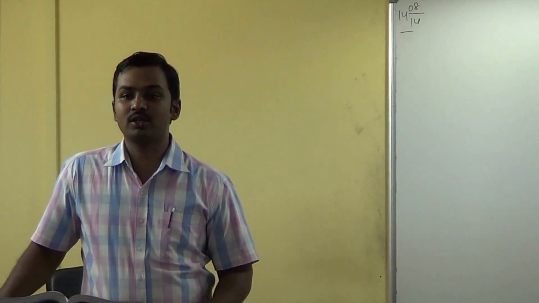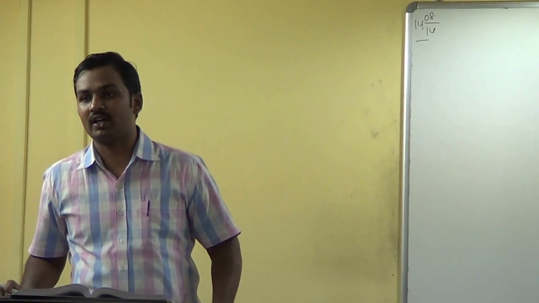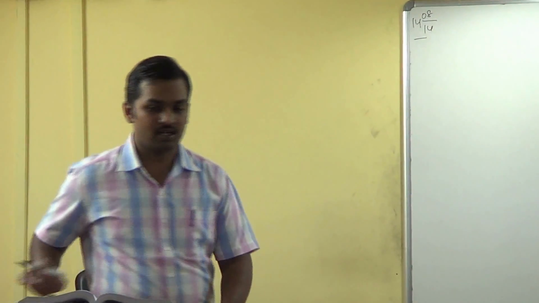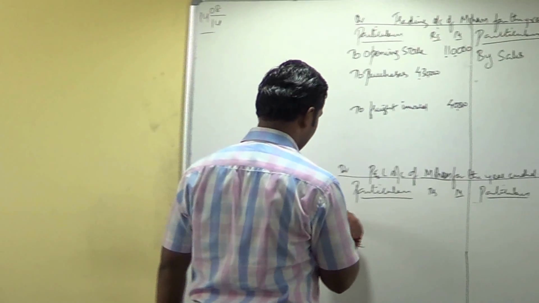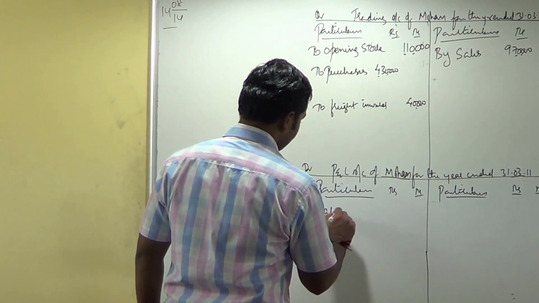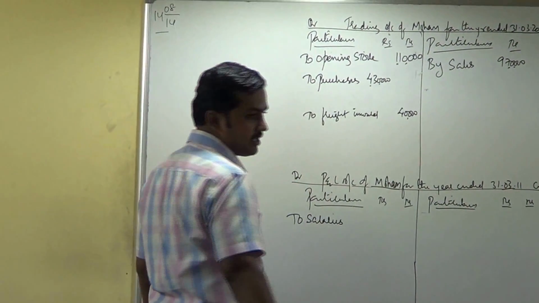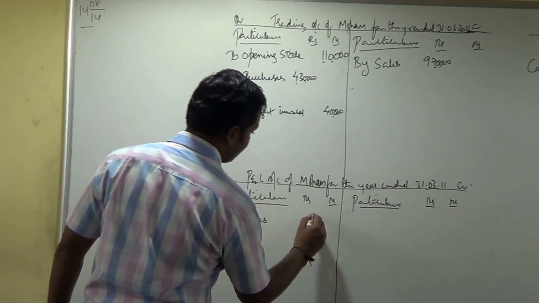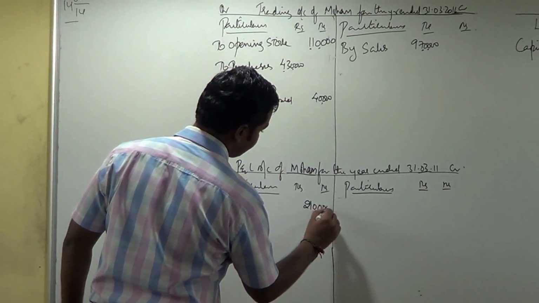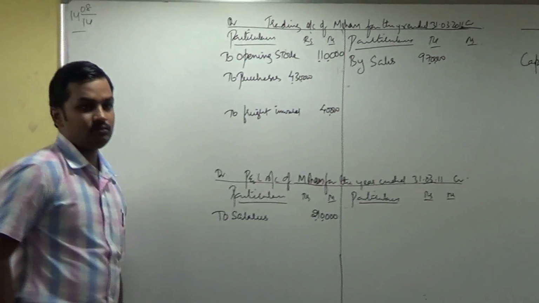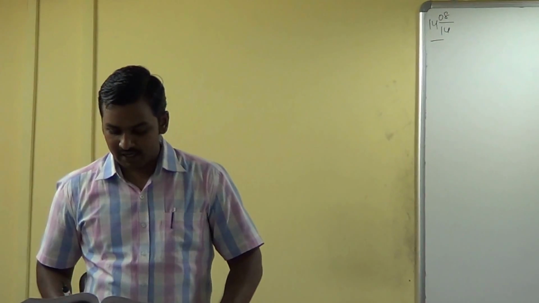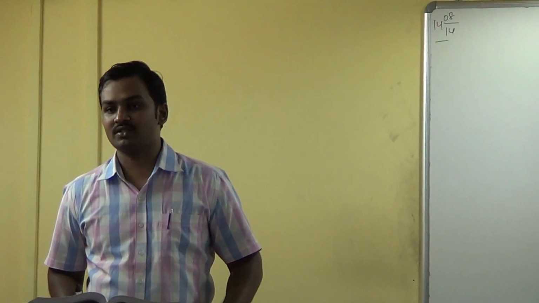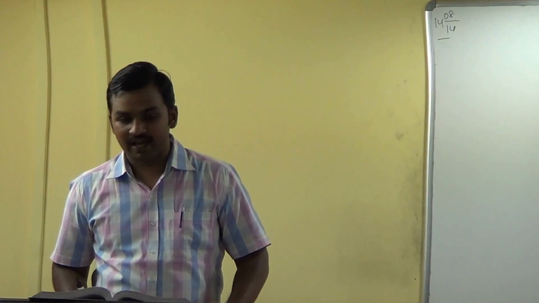Salaries, 2,10,000 rupees. The account has to be closed by transferring it to the profit and loss account. So salaries will be closed by transferring it to profit and loss account. To salaries, how much? Next, after salaries, other administration expenses, means office expenses, 1,50,000.